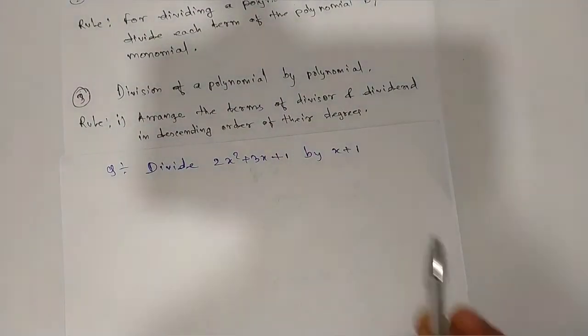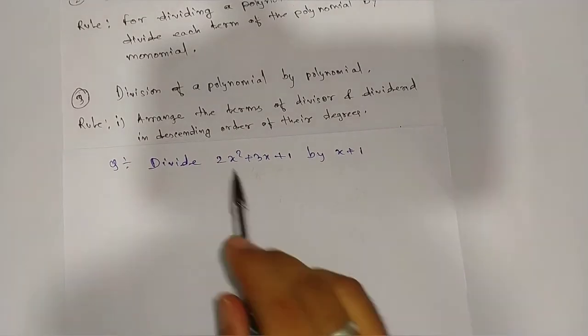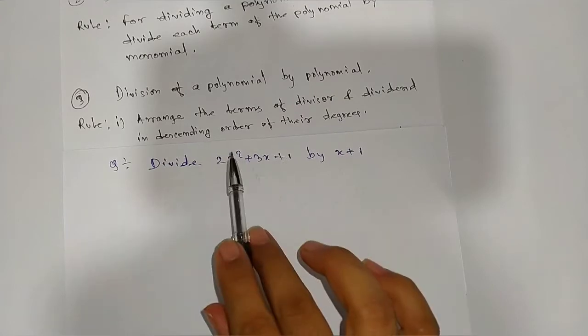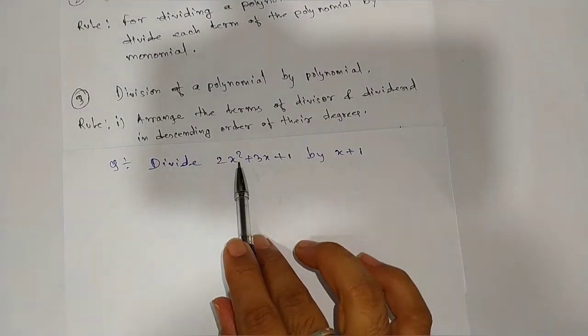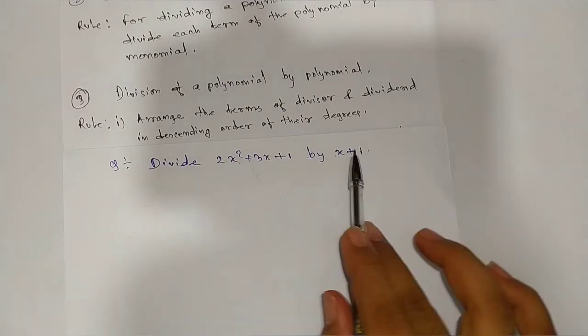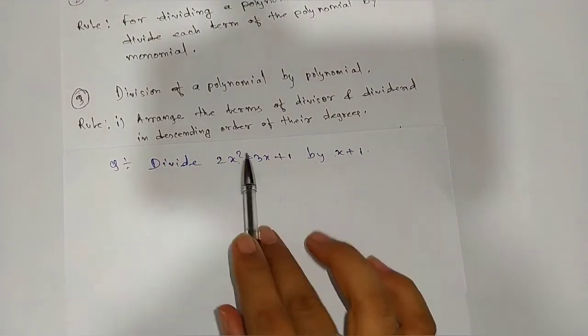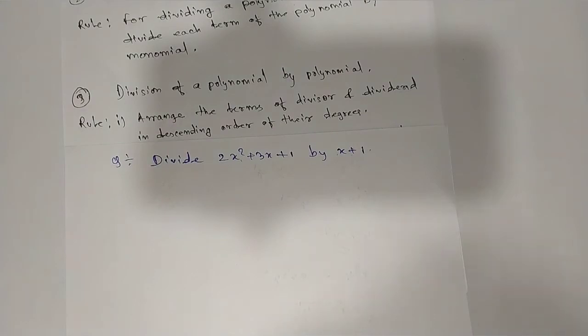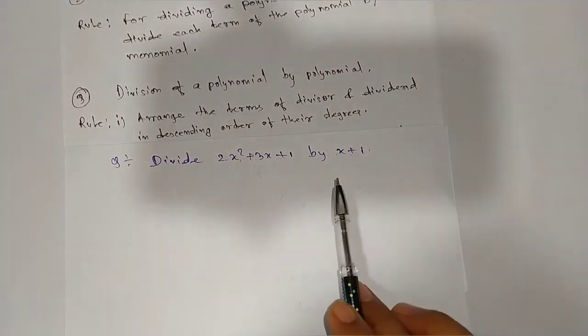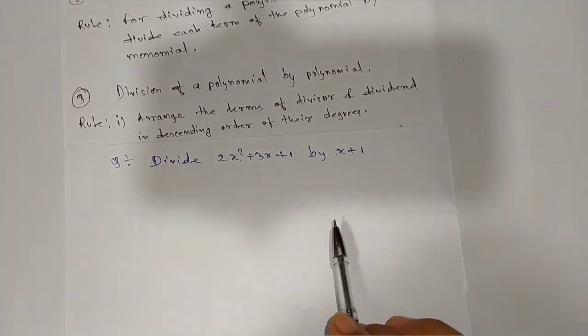So here your dividend will be the highest degree part. Remember, if a question is given like x plus y divided by x plus 1, you cannot do it in that case, you need to leave it. But if there's a monomial, then you can go for that, which we have already seen.